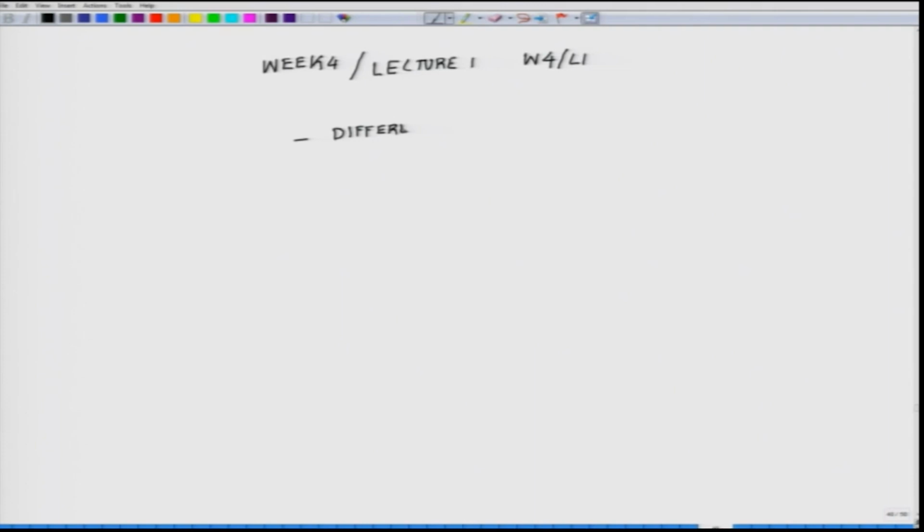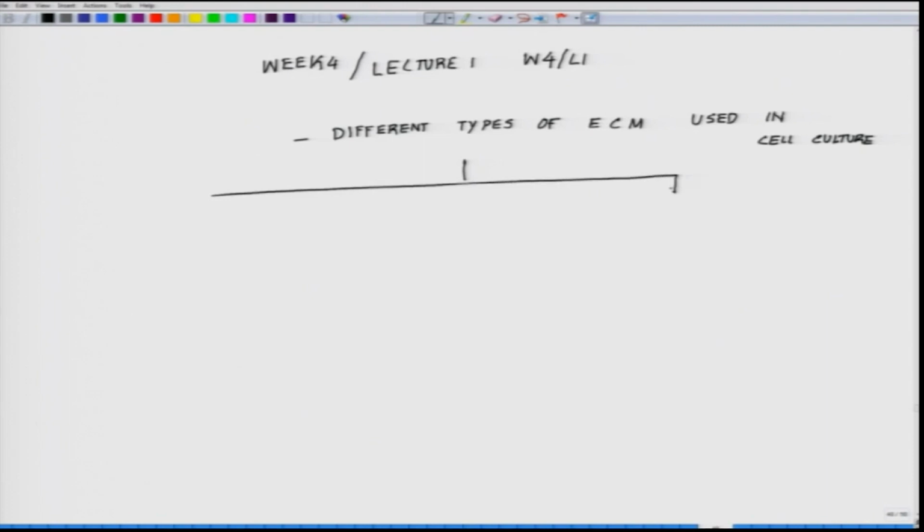So, to start off with, we will be talking about different types of extracellular matrix used in cell culture. Let's classify them into two broad categories: synthetic and natural.